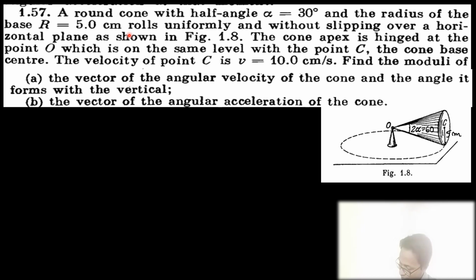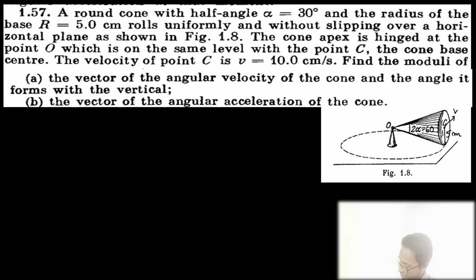Rolls uniformly without slipping over a horizontal plane, as shown in figure 1.8. That means this cone rolls in this circular path uniformly with velocity 10 centimeter per second. So the tangential velocity of point C is equal to 10 centimeter per second.